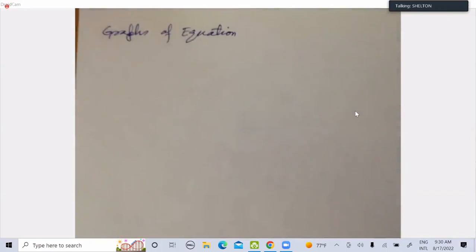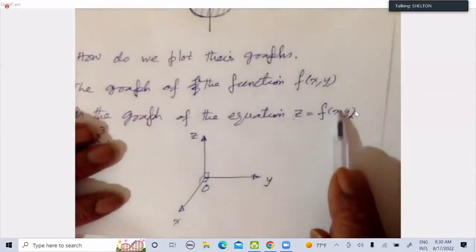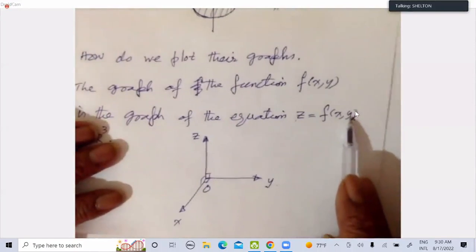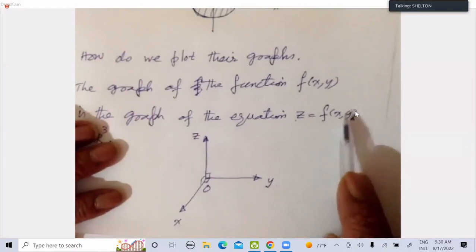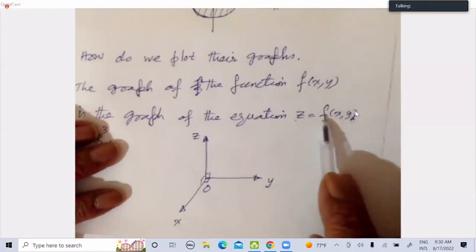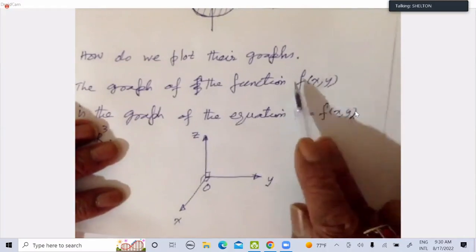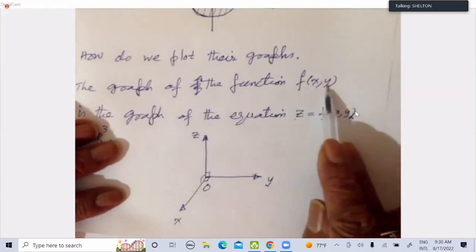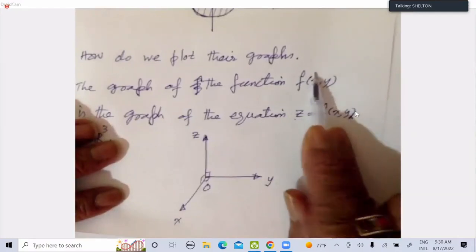If I have f(x, y), if y is fixed or a constant, it's a function of x only. Say put y equals 5. f(x, 5) is a function of x. f(5, y), put a constant value for x, like 5.